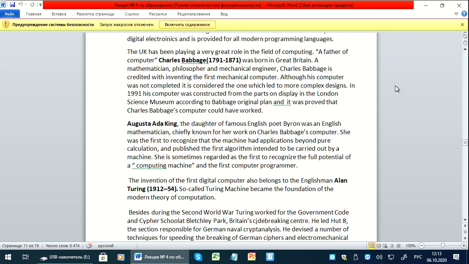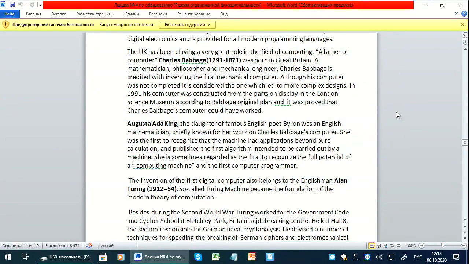Besides, during the Second World War, Turing worked with his assistants for the Government Code and Cipher School at Bletchley Park, Britain's code-breaking center.